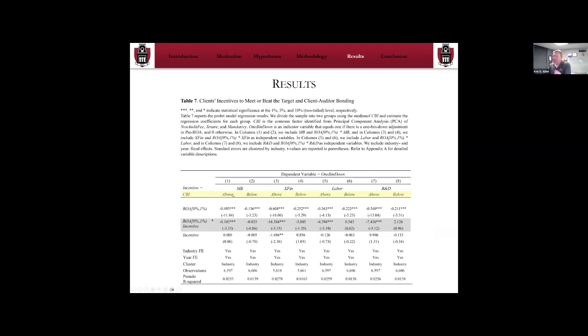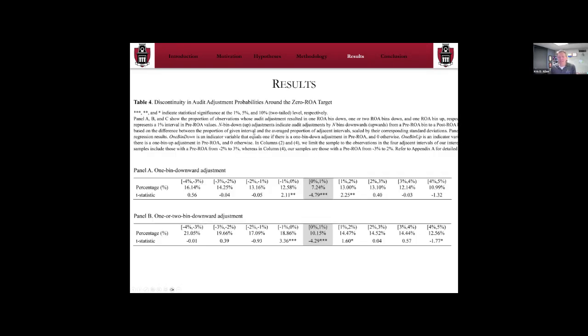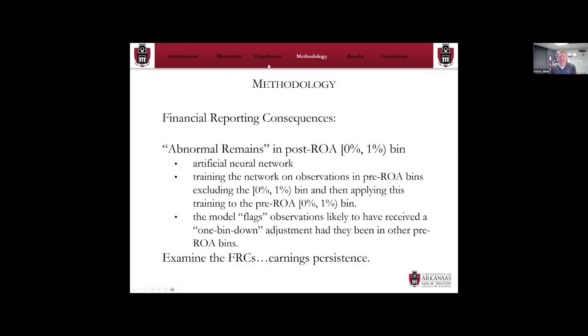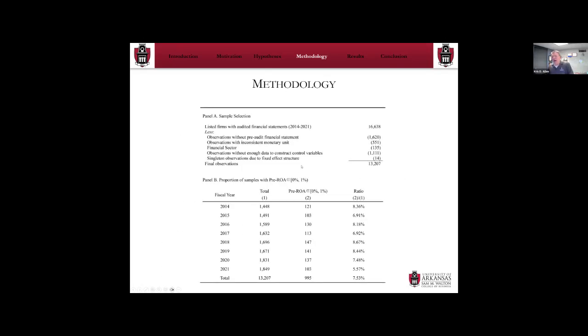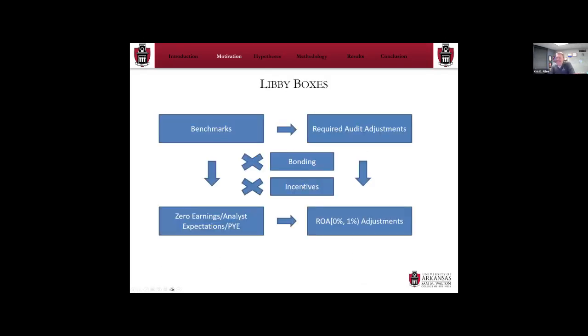Now, if we had three different measures, we'd have to have panel A, panel B, and panel C using non-audit fees. We'd have to have another one using audit tenure. We'd have to have another one. The benefit of doing this is if I have a CBI, I can just use my CBI for one table looking at how bonding and incentives together affect the relationship.